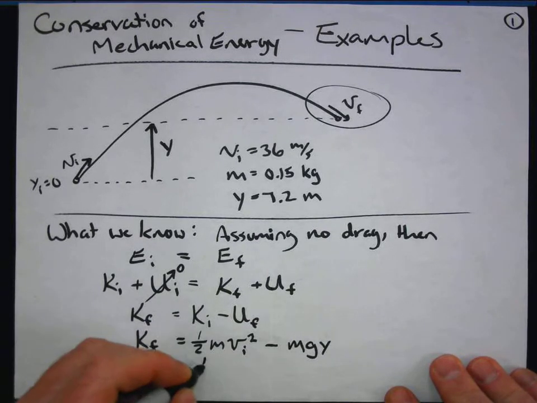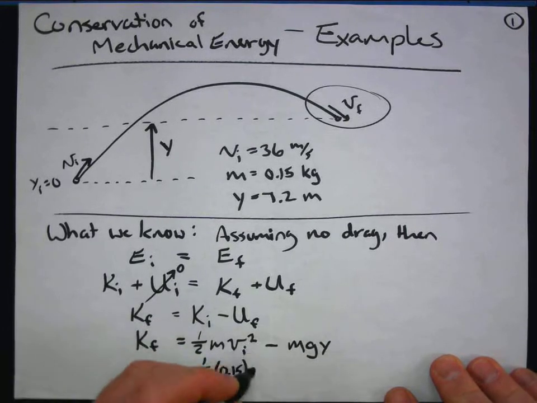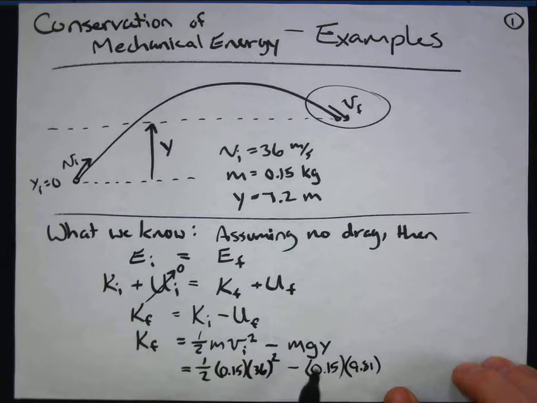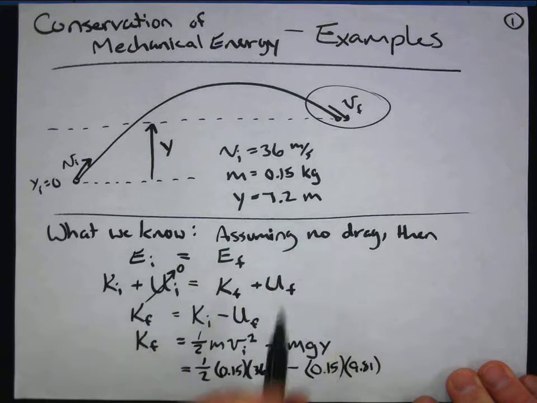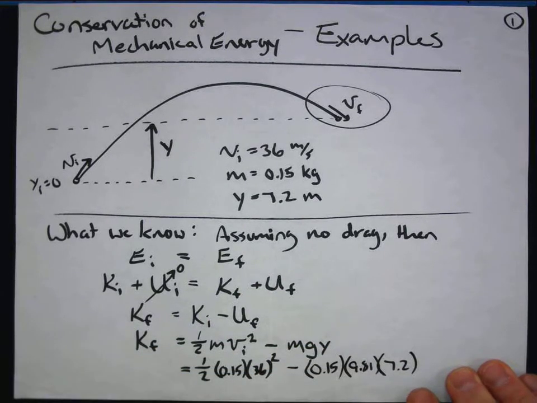Now, we can plug some numbers in. The mass was 0.15. The initial velocity was 36 meters per second, squared. Again, mass, G is 9.8. And the value for y, remember that was the 7.2 meters. Okay, running out of space, we can go to the next page. Try not to squeeze it in too small for you.